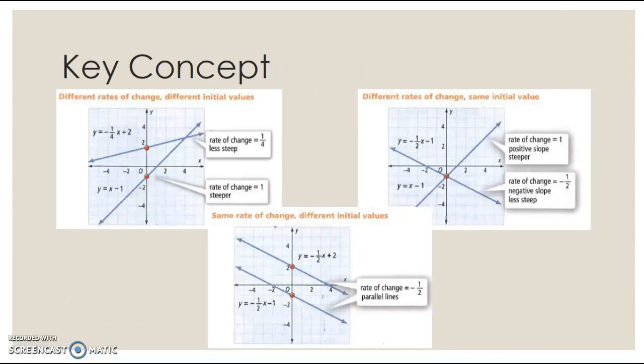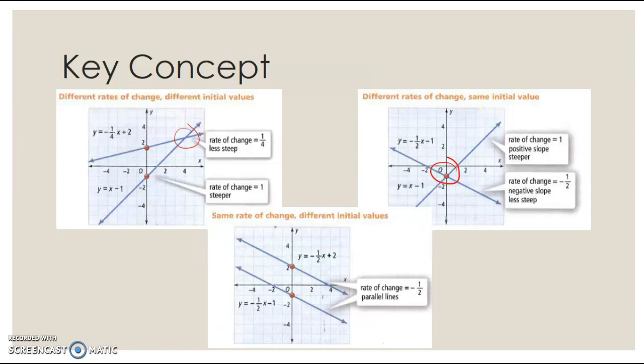Alright, so now I have one last slide for us in this, and so this is just showing different ways that things can look. If we have different rates of change with different initial values, this is something that could look like that, where our intersection would be further away. But we could have different rates with the same initial value, which means that they intersect at that initial value.